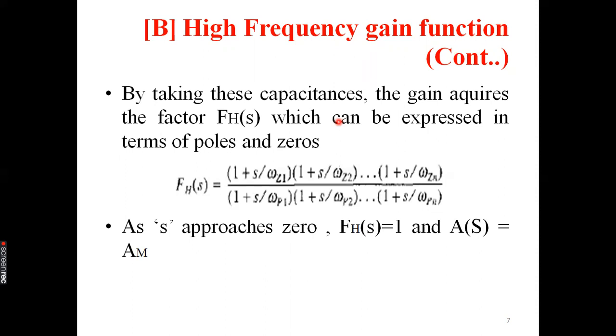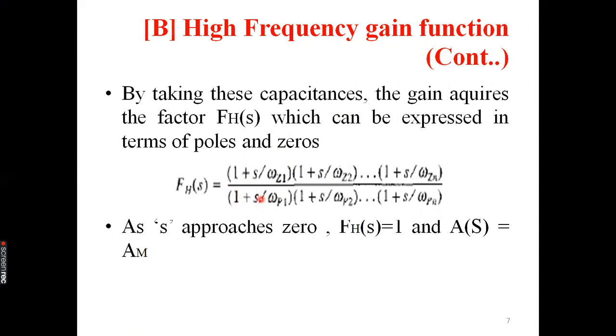For example, if S is equal to minus omega Z1, then this term will become zero, because of which our gain function will become zero. Therefore, omega Z1 can be considered as a zero frequency. Similarly, if S is minus omega P1, then this term will become zero, right?